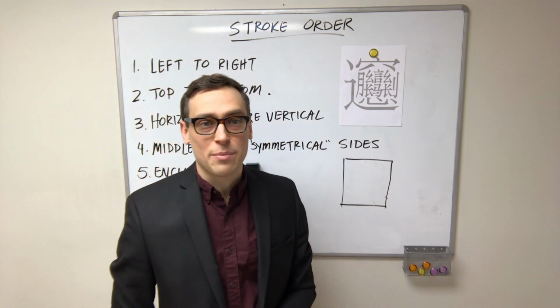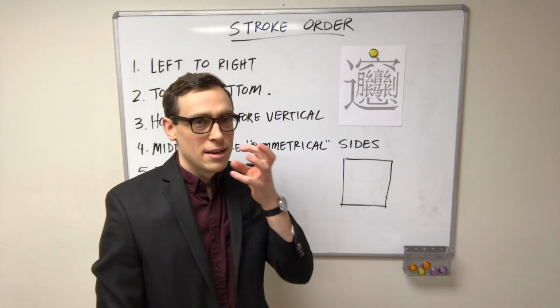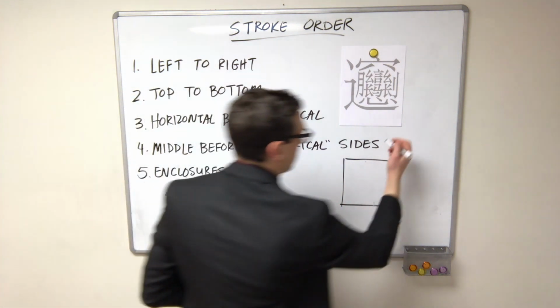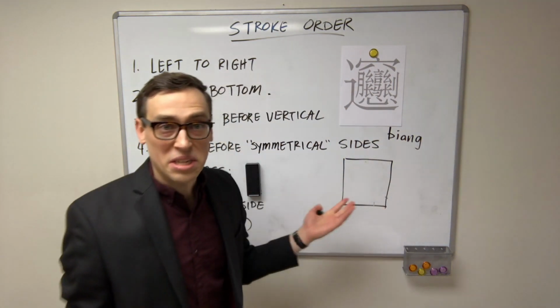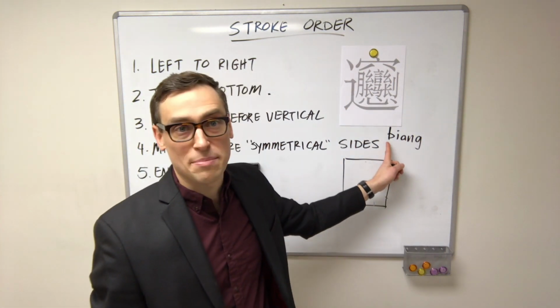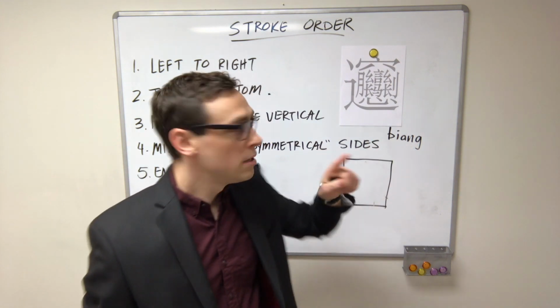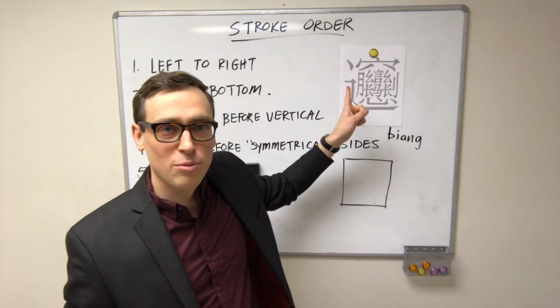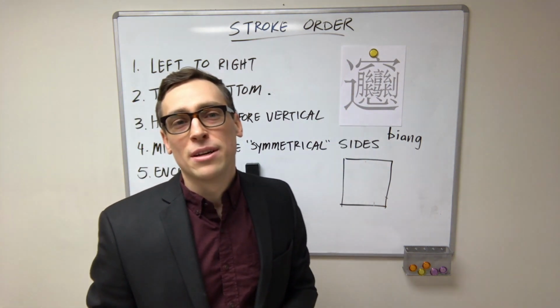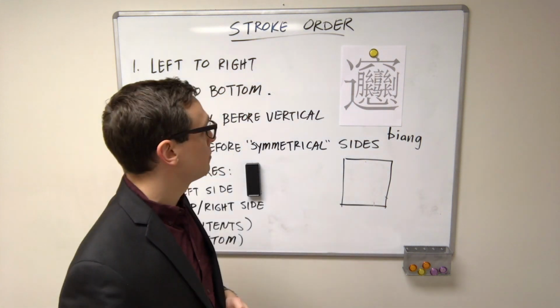So they decided to make up a character for it because the pronunciation is not a valid pronunciation in Pinyin. In the Pinyin system, there is no such thing as a B-I-A-N-G. But that is how this made-up character is pronounced. Most people recognize this as, oh, okay, that's that special noodle dish from Xi'an.